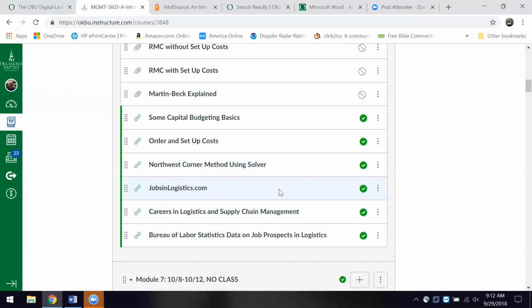I wish we offered a logistics major at OBU. I'm fearful if we did, we would get too many students. And I think it's just sad. But there are going to be opportunities out there for you. And if you're willing to start, the young man I'm talking about, he started as what was called an inventory clerk.